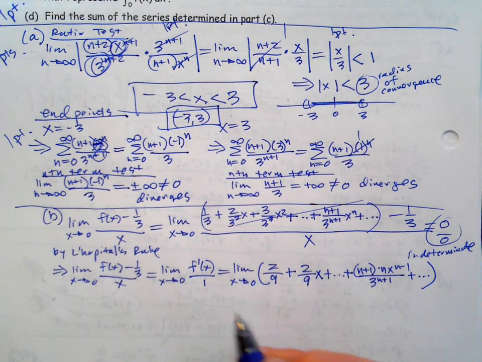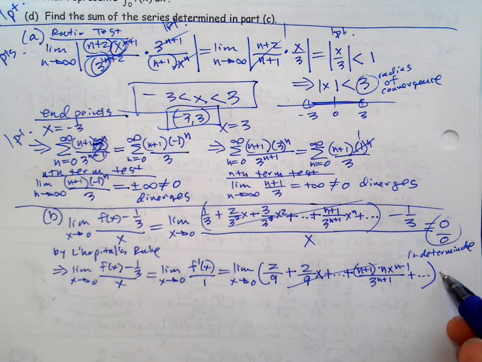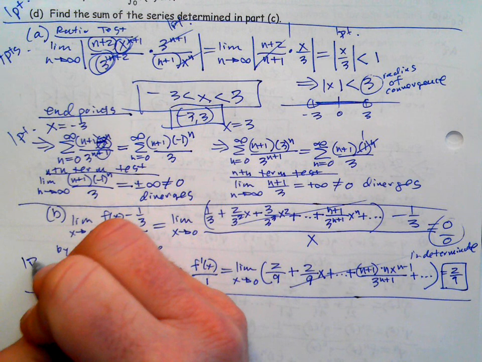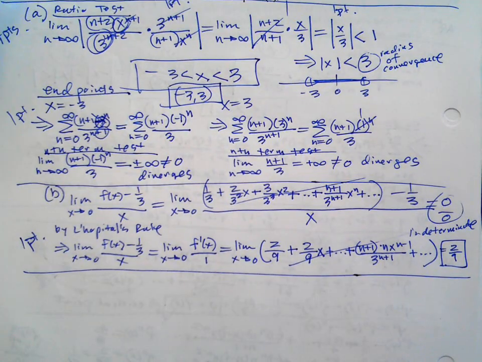And if we plug 0 in there, all those terms have x's, they go to 0, and we get 2/9. So that was only worth 1 point. Okay, it wasn't bad. I do a little L'Hopital's rule in there.